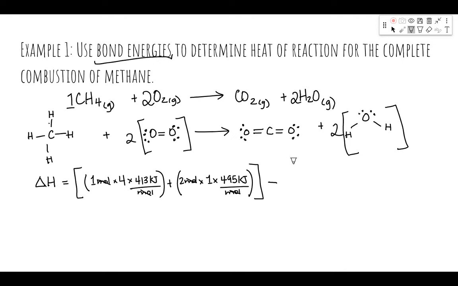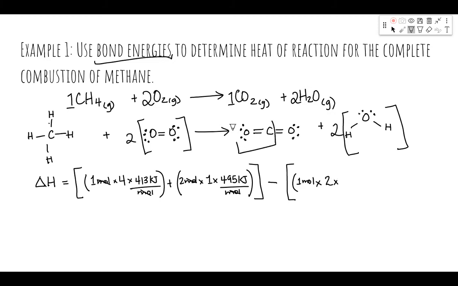Now we're going to take a look at the total energy of the bonds formed. So starting with CO2. So I know that the coefficient here is 1. So I know that there's 1 mole times, if I take a look at this particular molecule, there are 2 different C double bond O bonds. So I'm going to put the number 2 there, right?